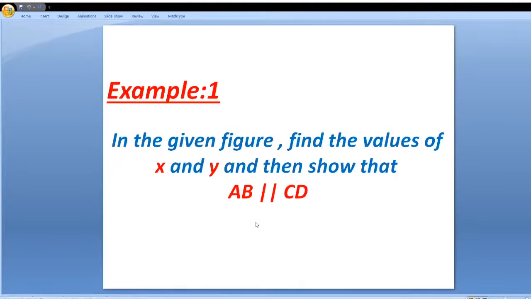In the given figure, find the value. See the figure in your textbook on page number 103, figure number 6.28. In the given figure, find the value of x and y, and then show that AB and CD are parallel.